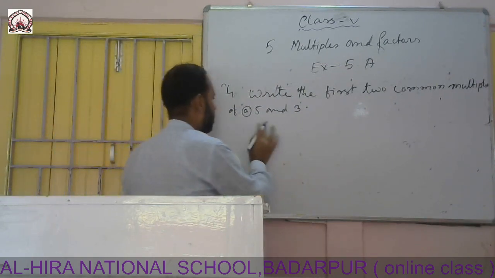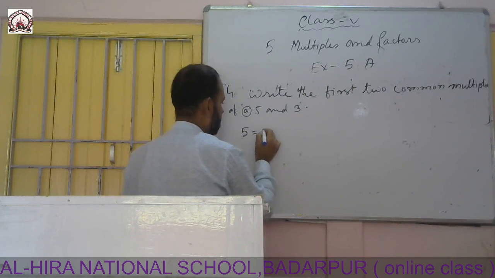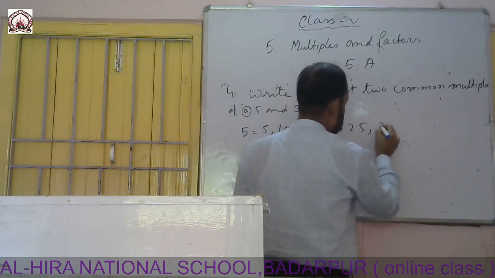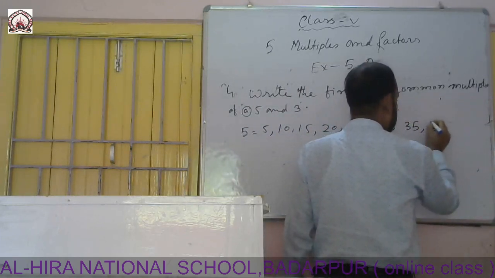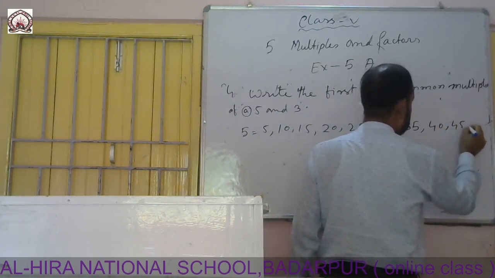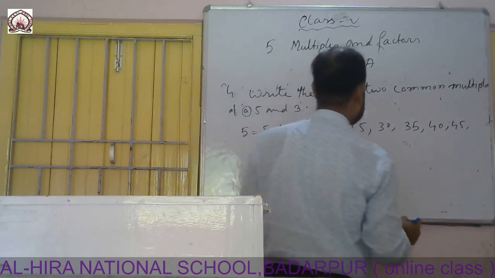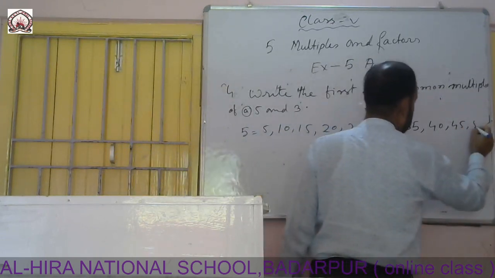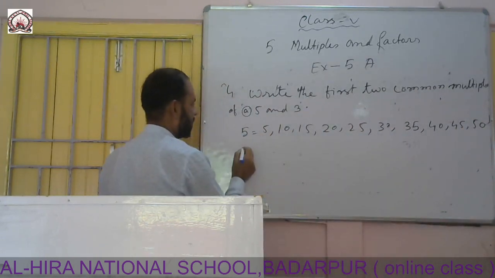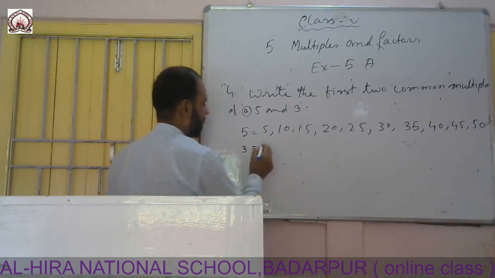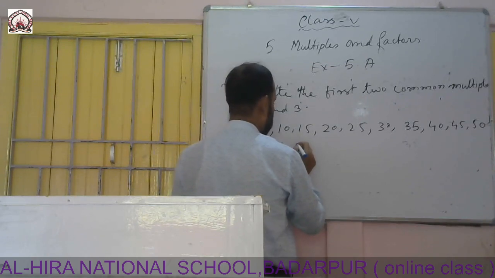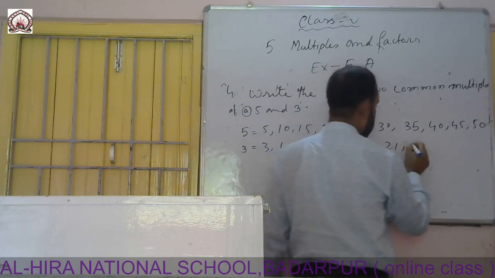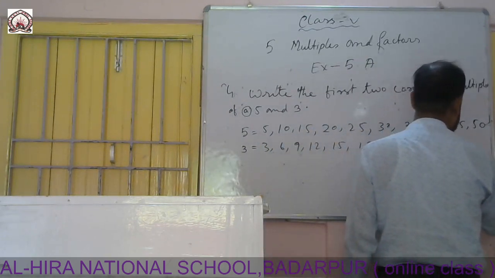Next, 45, 50. Next, the multiples of 3 are 3, 6, 9, 12, 15, 18, 21, 24, 27, 30.